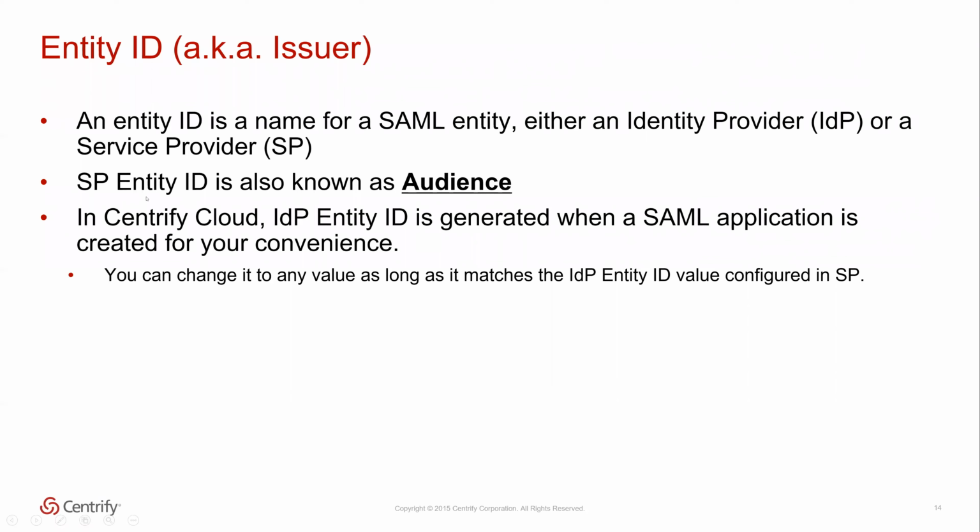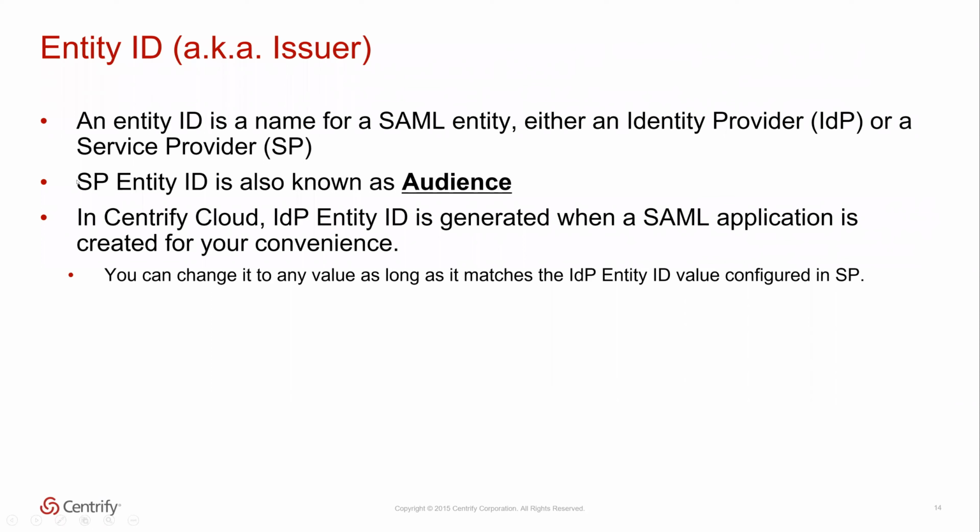If it is IDP entity ID or IDP issuer, then you know what it is. But we might actually get to see it tomorrow, I'm not sure. In some integrations I've seen, someone is asking for a SAML issuer. I don't know. And that's exactly what you have to do in that situation: ask which one are you talking about?